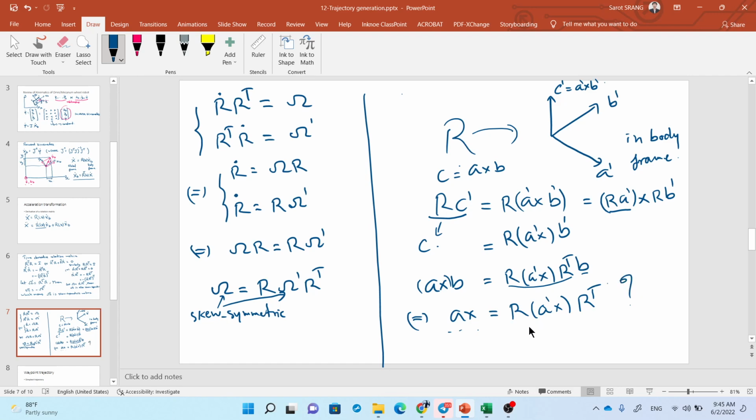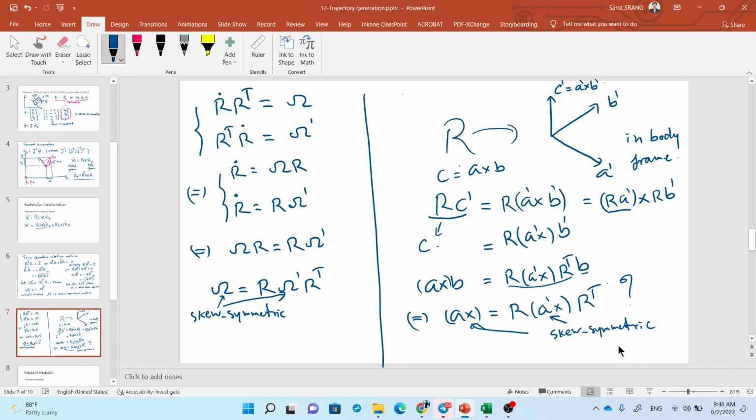So what does this tell you? This tells you that because A cross is skew symmetric, this one is also skew symmetric. Okay.